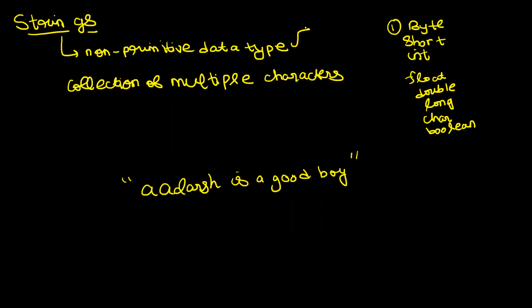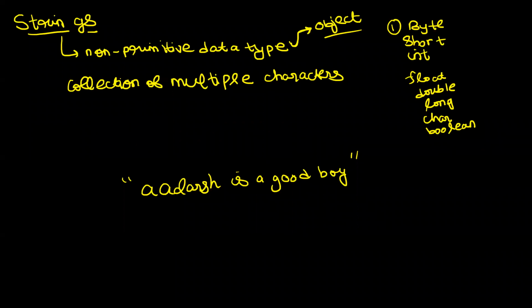A string is basically an object in Java. And very simply, a string is a collection of multiple characters placed one after the other, and that is giving rise to a string. Now you will come and ask me, hey, string is a non-primitive data type, right?